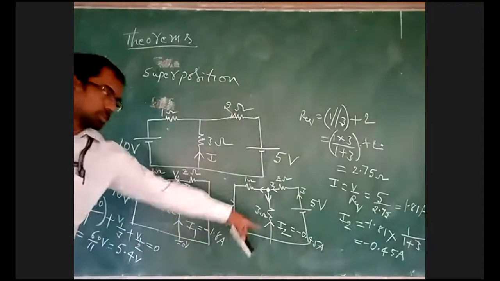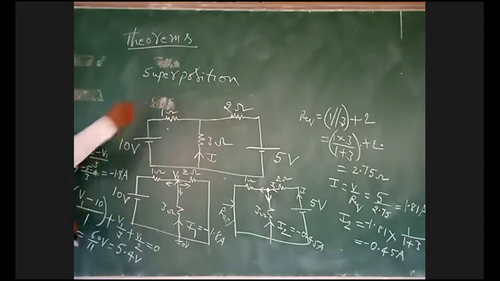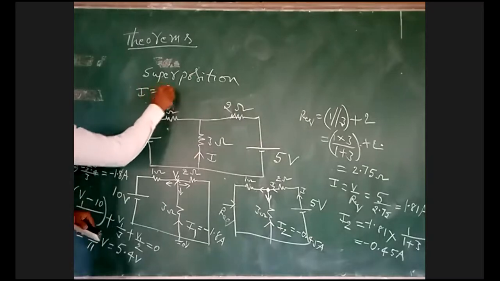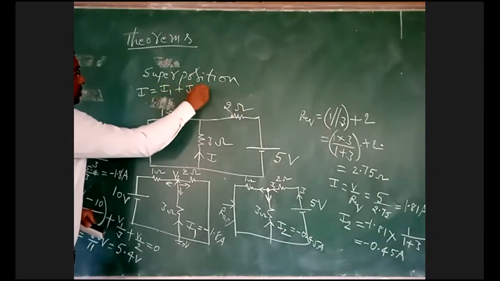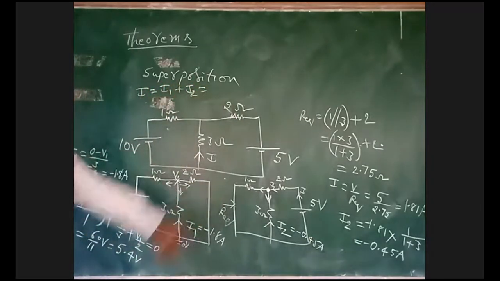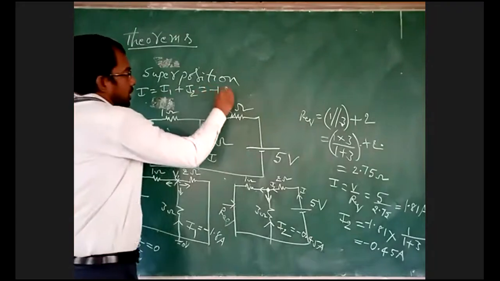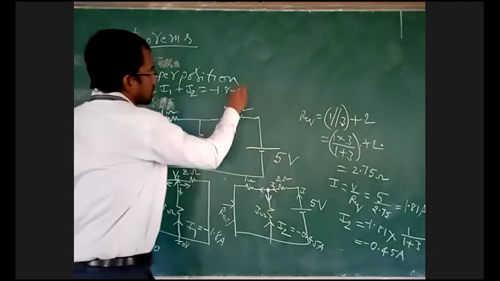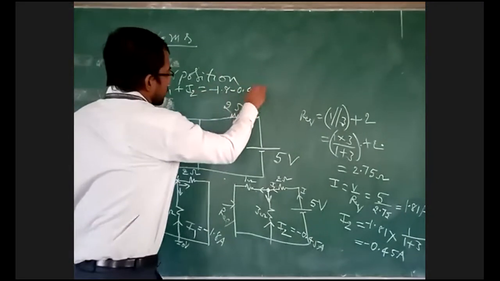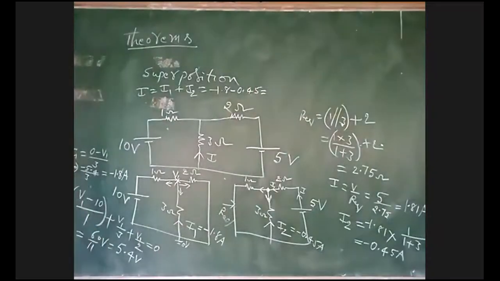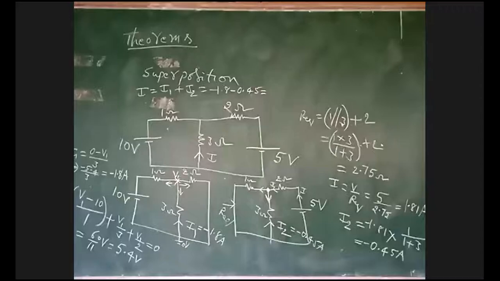Now add these two. I is equal to I1 plus I2. If you add these two, how much will you get? Minus 1.8 minus 0.45 is minus 2.25, sir.